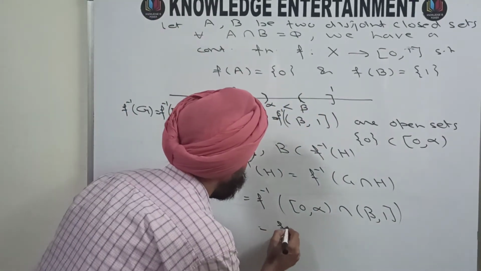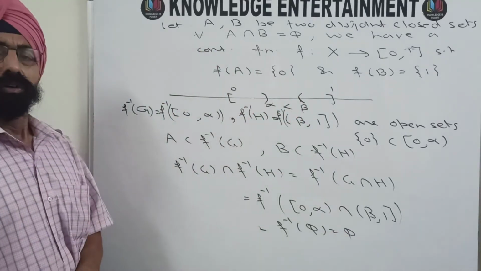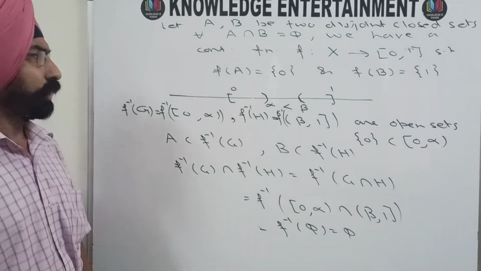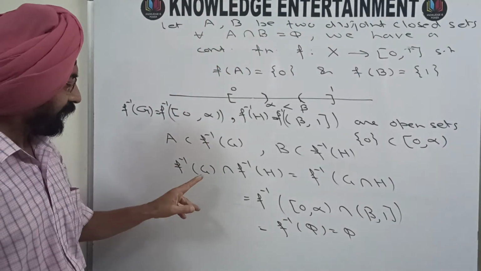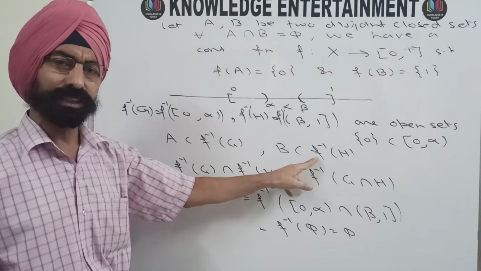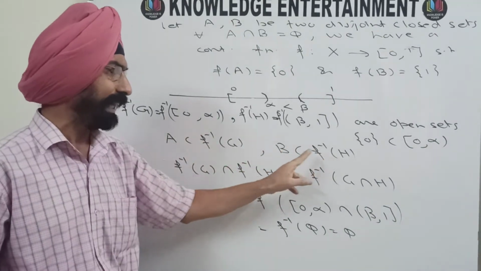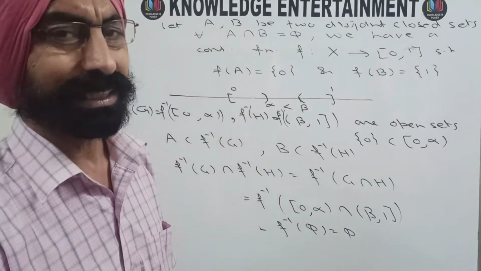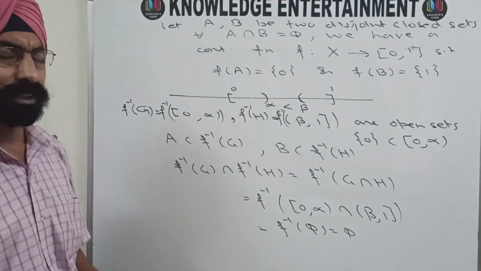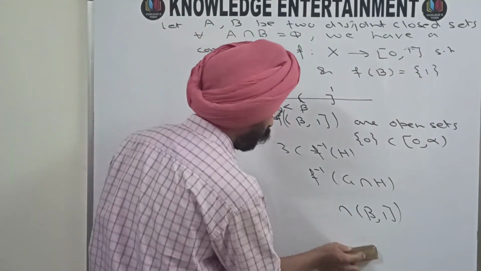So it is f inverse of the empty set, which means empty. So for a pair of disjoint closed sets A and B, you have disjoint open sets f inverse G containing A and f inverse H containing B, which means your topological space is normal. So this is the converse part of the theorem.